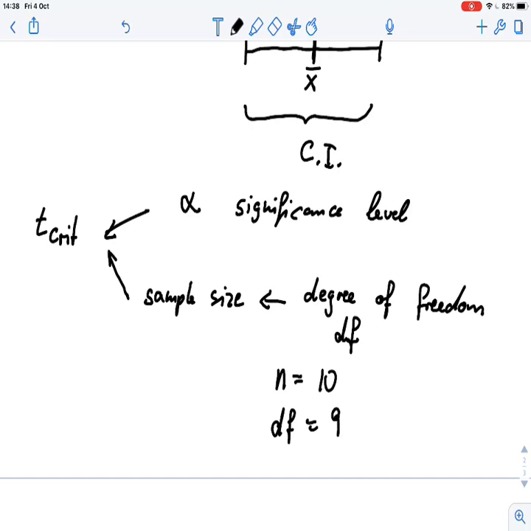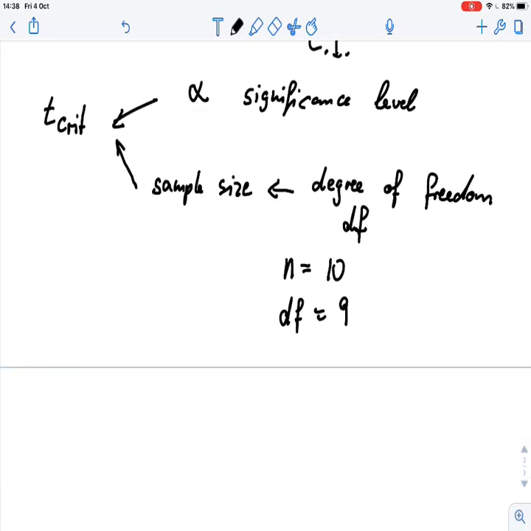So, where on earth do we find T crit? There are two options where you can find it. One that probably you have been told in A-level. If you've done that in A-level, where would you find the critical value? In a table, in the famous T table.